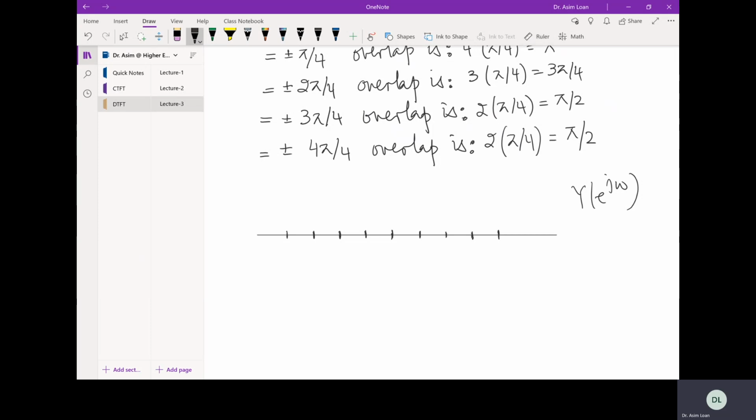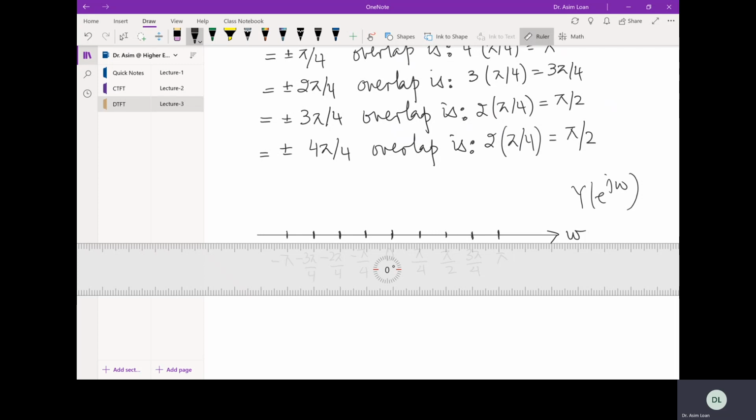So this is going to repeat. This is omega. This is minus pi by 4, minus 2 pi by 4, minus 3 pi by 4, and minus pi.